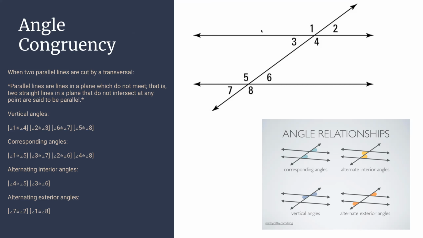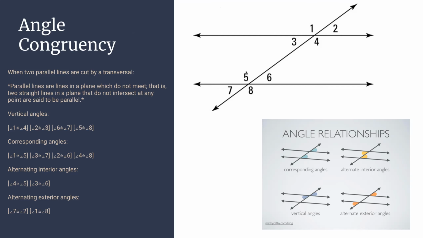And then there are alternating interior angles, which are angles that are inside the two parallel lines and on opposite sides of the transversal. And these angles are angles 4 and 5 and angles 3 and 6.